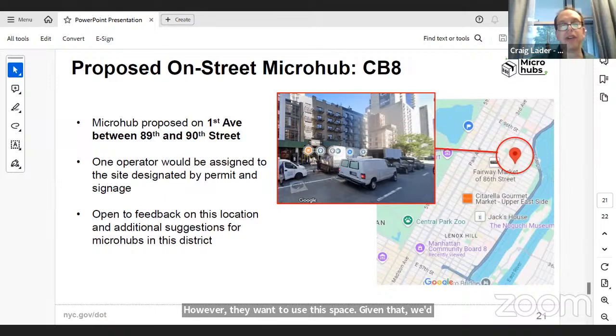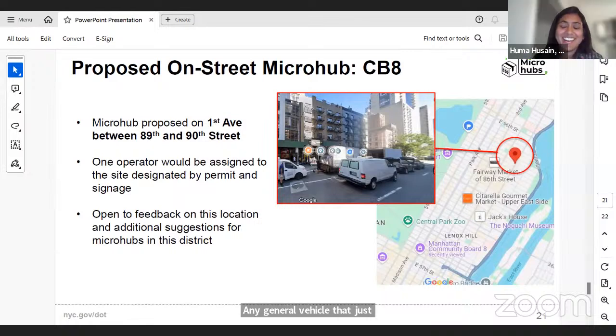And how would DOT or NYPD or whoever enforce that the space is not intruded by other type vehicles, whether they be other trucks looking to load cargo or any general vehicle that just disrespects rules? Yeah. I mean, they will have the ability to tow.